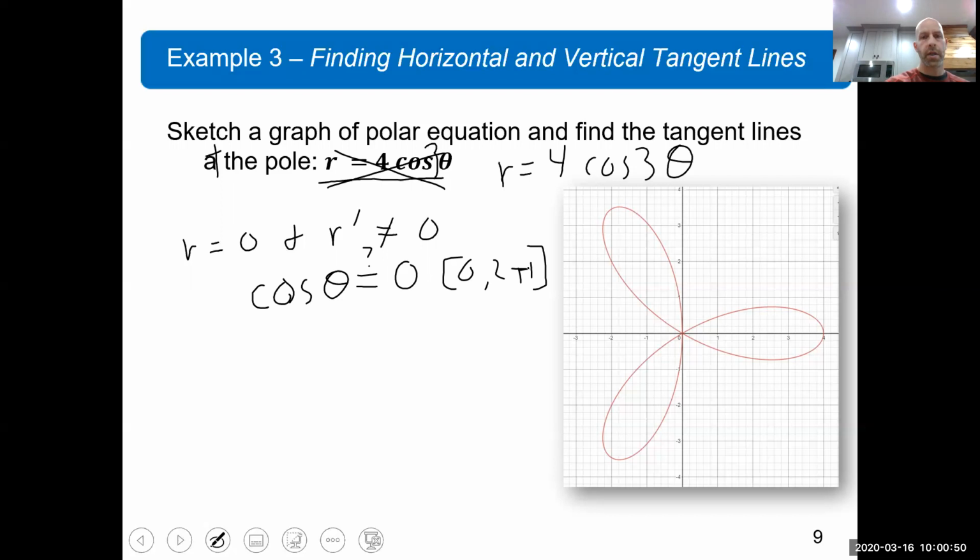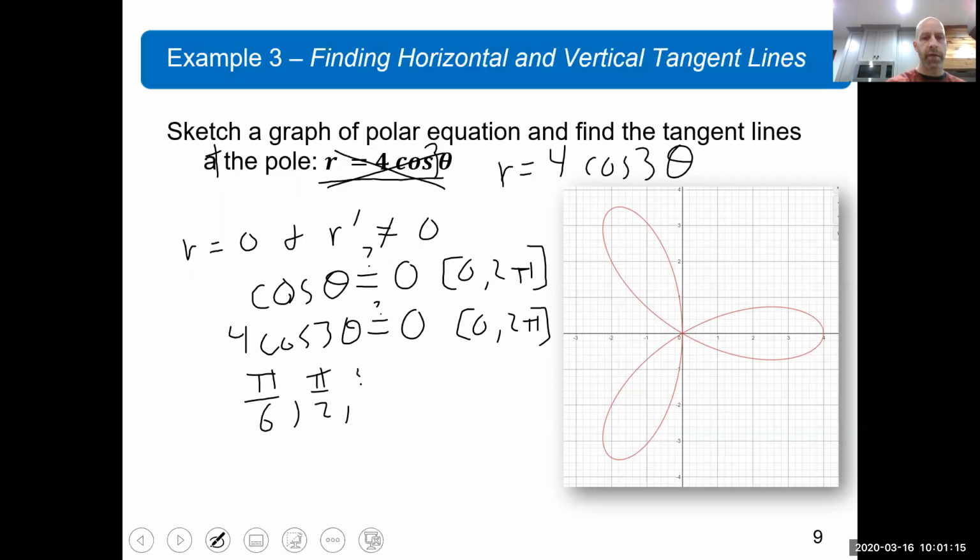So now my question is, when would 4 cosine of 3 theta equal 0? And again, if we're going from 0 to 2 pi, it turns out that there are 6 locations. I'm only going to list the first 3 though. The first one is pi over 6. The second one is pi over 2.